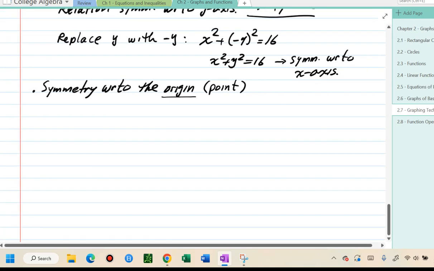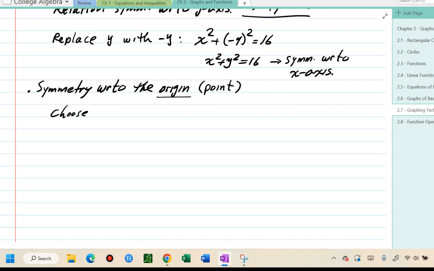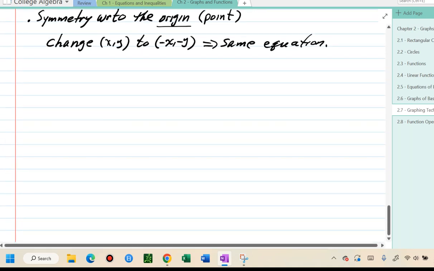So how do we test? If I change x, y to negative x, negative y, and you get the same equation, then that means the graph is symmetric with respect to the origin.